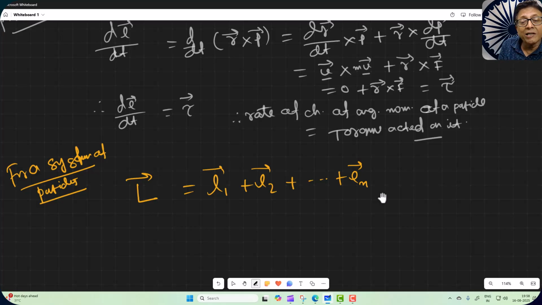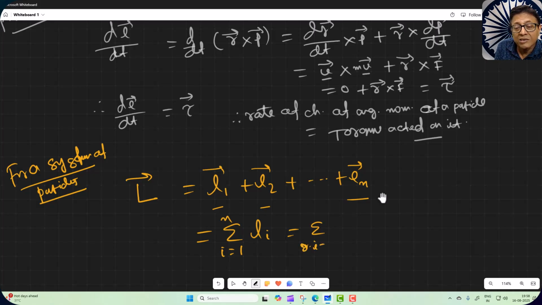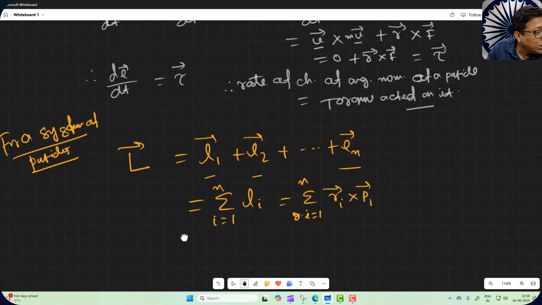So L will be L1, the angular momentum of the first, angular momentum of the second, angular momentum of the Nth. This is nothing but sigma i equal to 1 to N of Li. Isn't it? But Li is what? Li is Ri cross Pi. We are taking the ith particle, which is the representative of all the particles here. So L is going to be sigma Ri cross Pi.